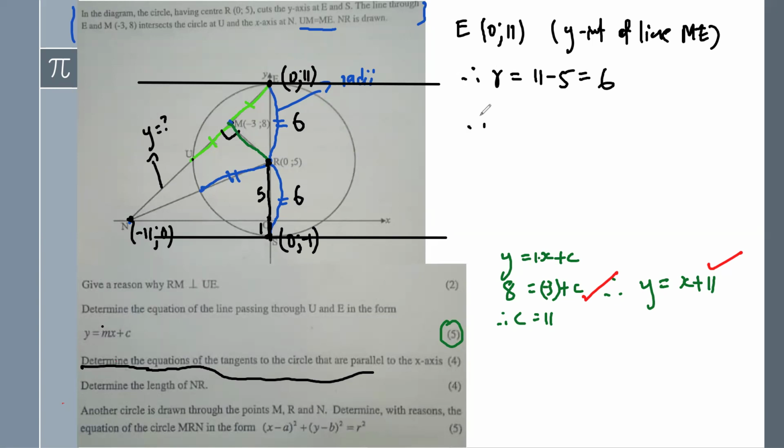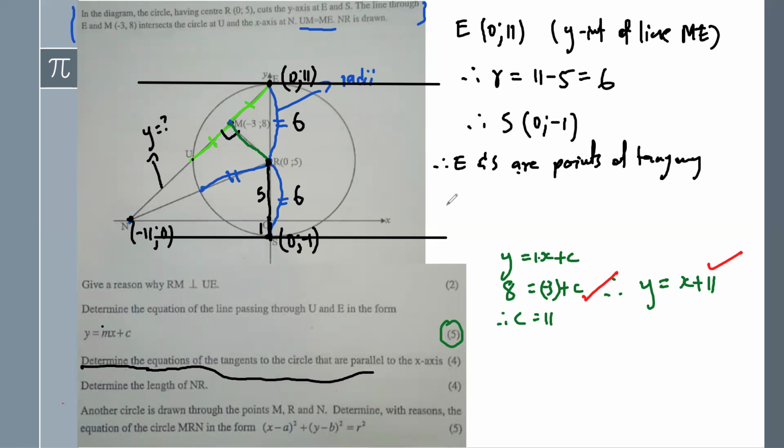And that will actually give you the coordinates of S, which is 0 and minus 1. Now, your two tangents, therefore, E and S are points of tangency. Points of tangency.